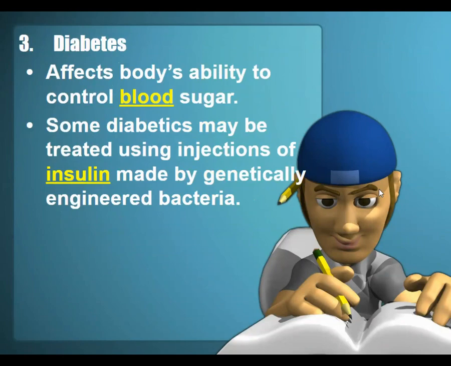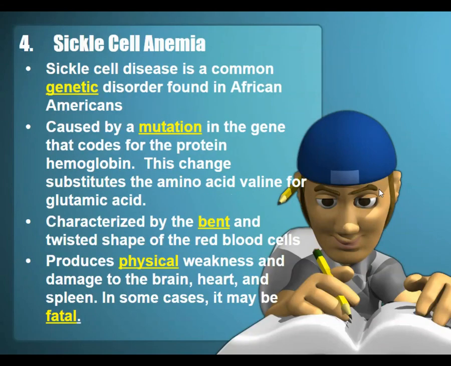Diabetes is another disease. It affects the body's ability to control blood sugar. Some diabetics may be treated using injections of insulin made by genetically engineered bacteria. Then we have sickle cell anemia. This is a common genetic disorder found in African Americans, and it's caused by a mutation in the gene that codes for the protein hemoglobin.